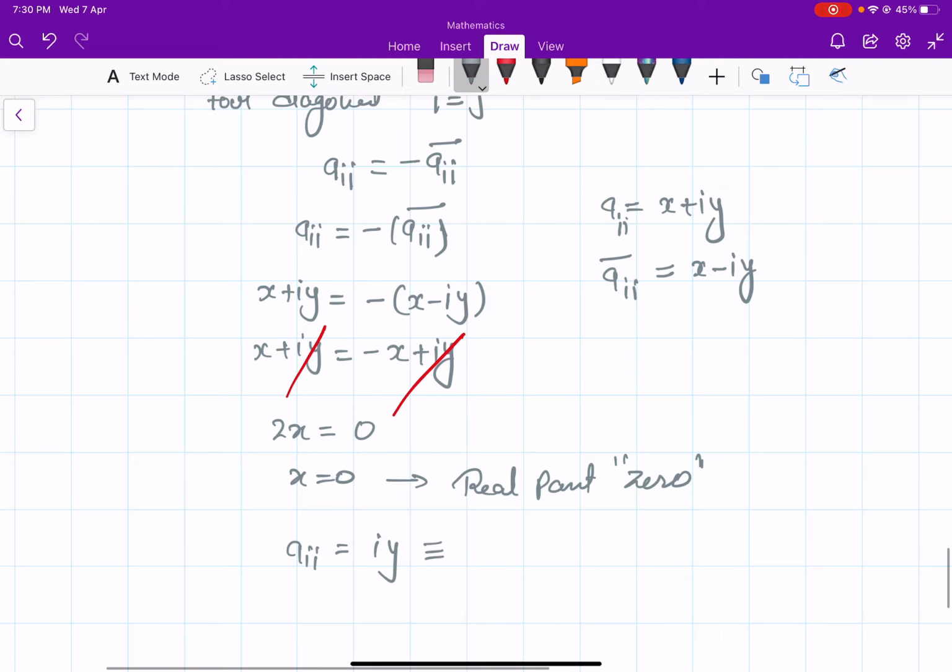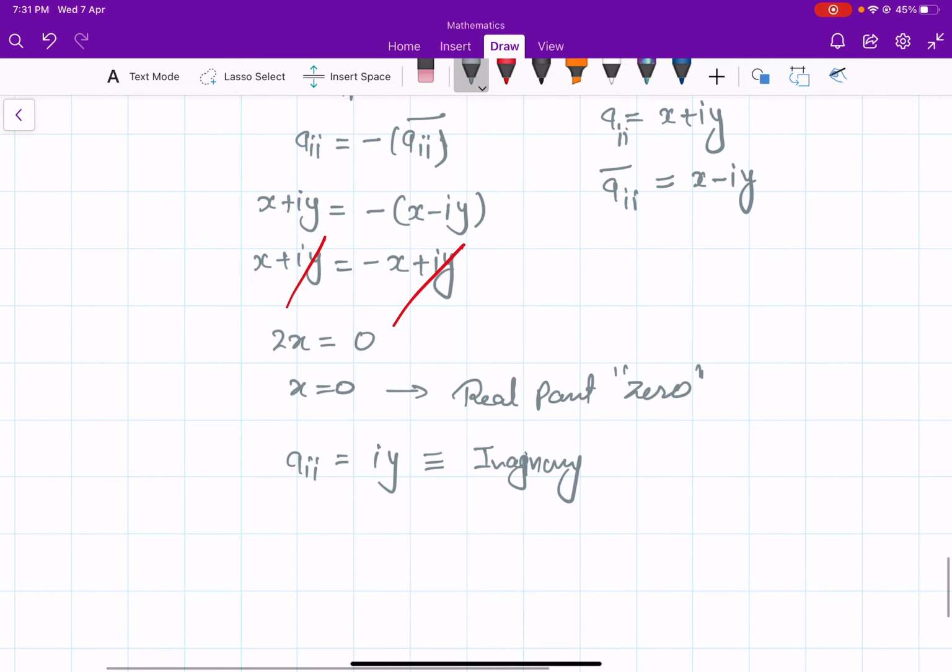This will be either imaginary or you can say purely imaginary, or you can say 0.